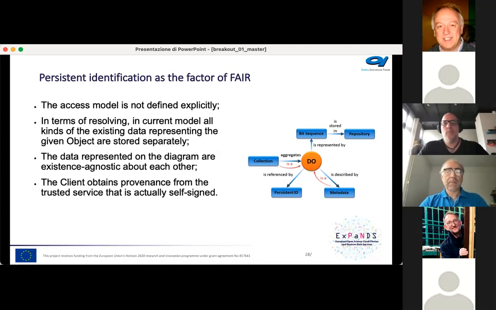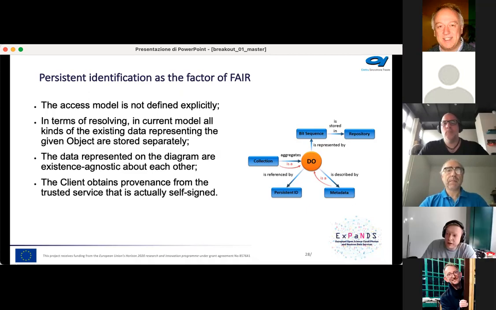For example, the stored metadata don't know if a closely connected digital object exists within the cloud.